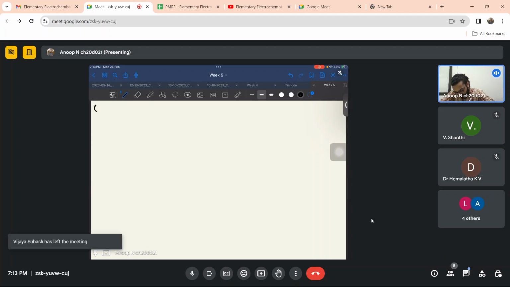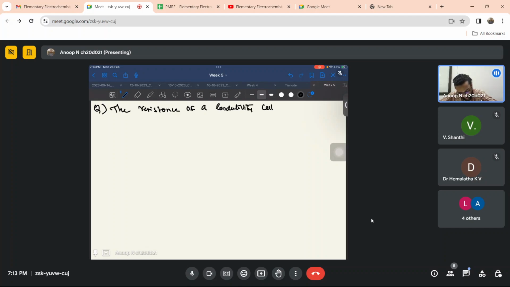The question is: the resistance of a conductivity cell filled with 0.1 molar KCl solution is 100 ohm.